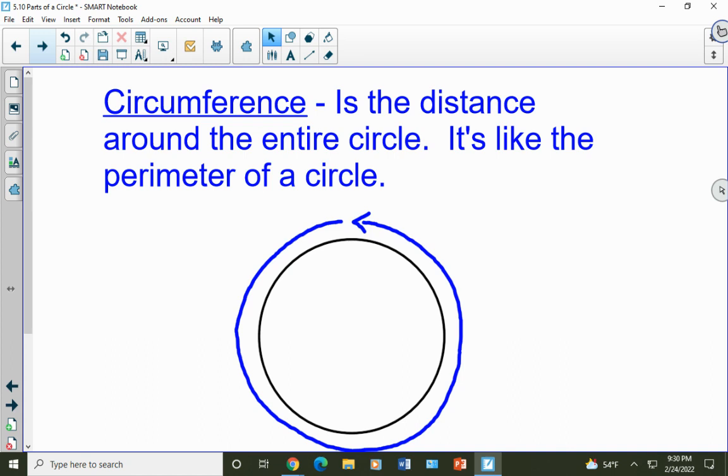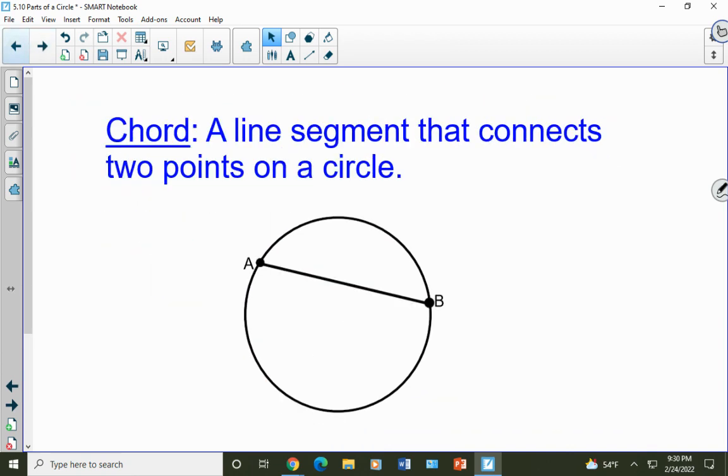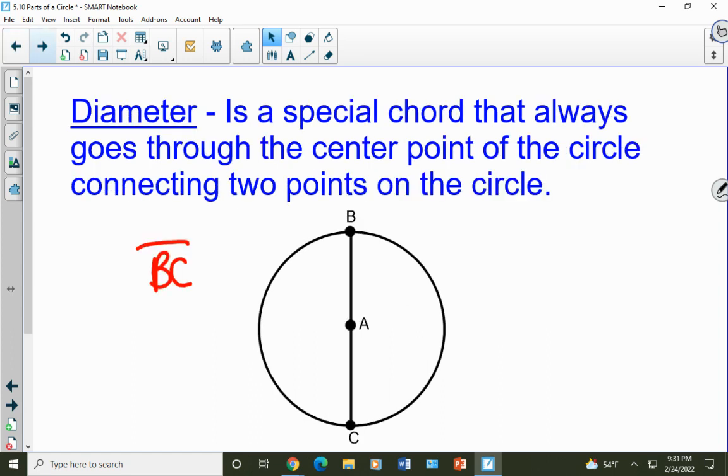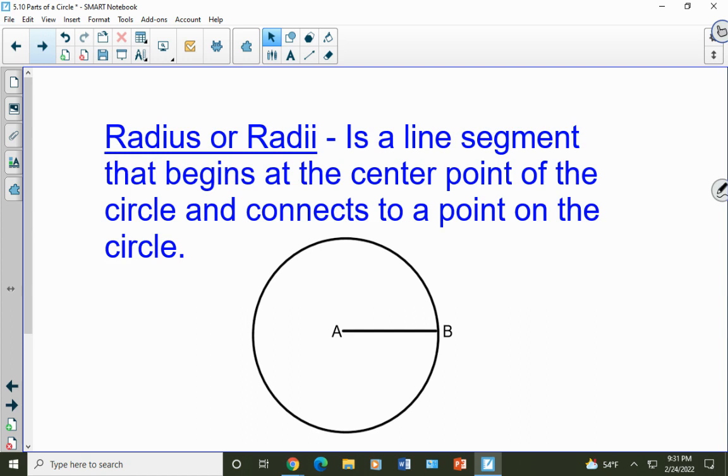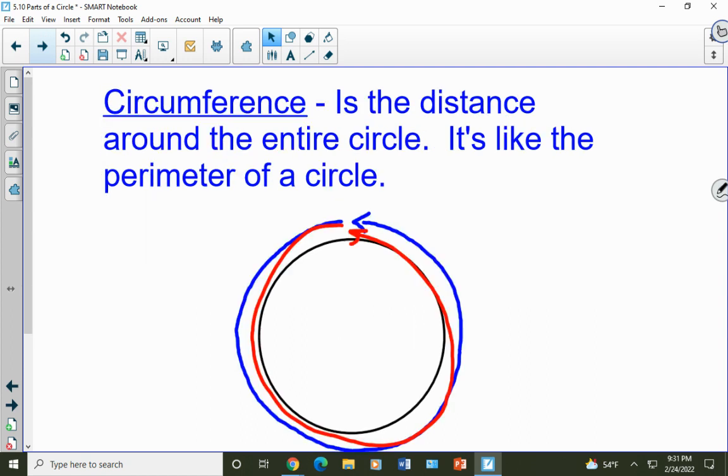So it's basically how far it is around the circle. That's all it is. There's nothing more to it than that. So how many definitions is that? If we go back, we've got one, chord, two, diameter, three, radius, and then four, circumference. Pretty easy stuff. So let's practice a little bit.